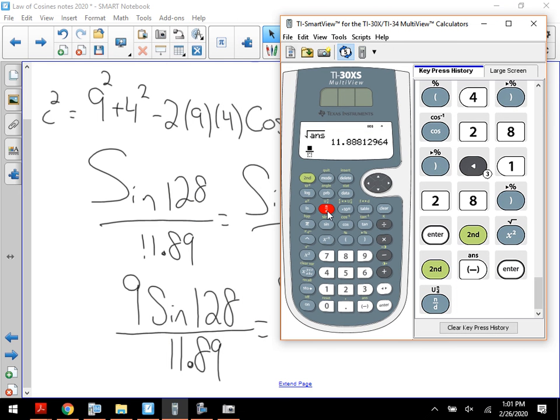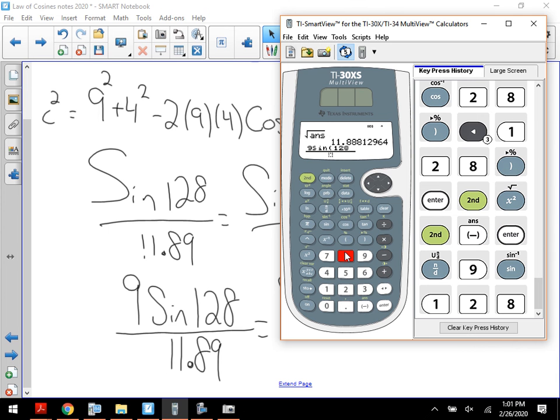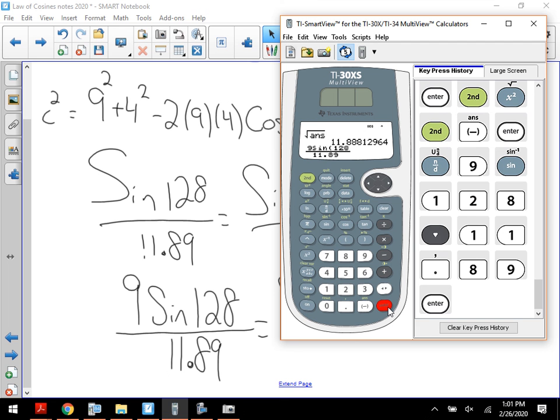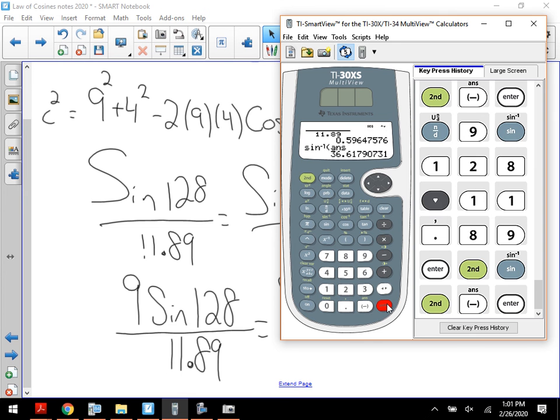Fraction bar, 9 sine 128 over 11.89, crummy decimal. To get the answer, we just take second sine. We're using sine now. A lot of times you have to make sure you write down what you're doing so you can remind yourself what button to press on the calculator. 36.62.